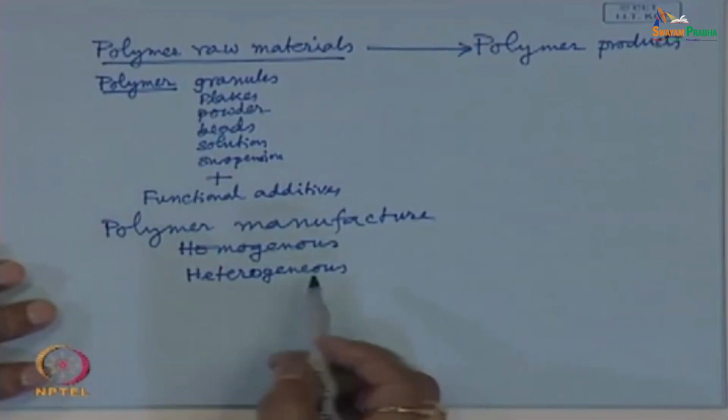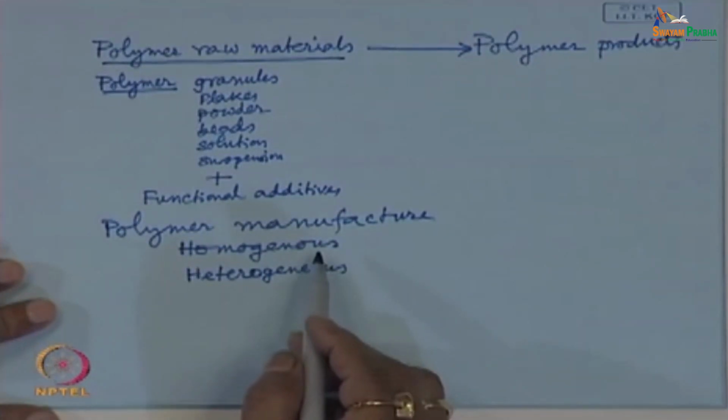Sometimes this manufacturing system may be initially homogeneous, but afterwards in a later stage it becomes heterogeneous. We shall discuss those things.